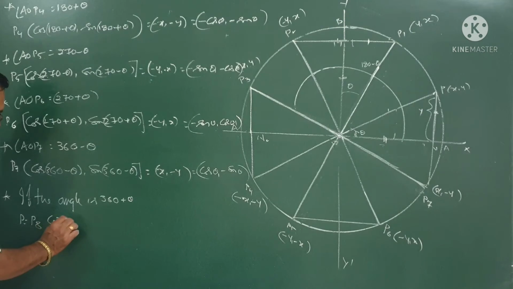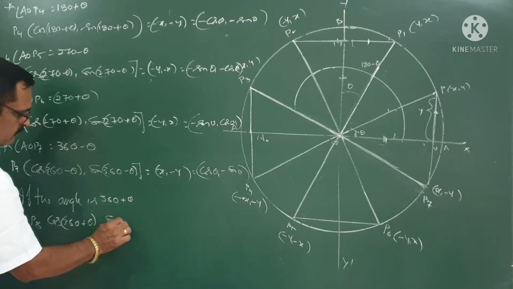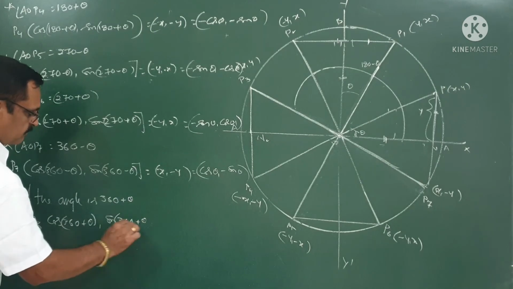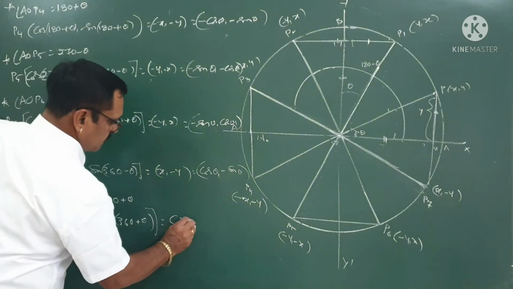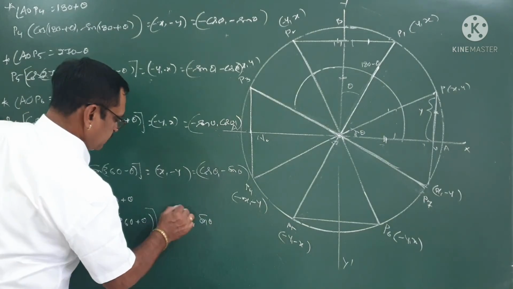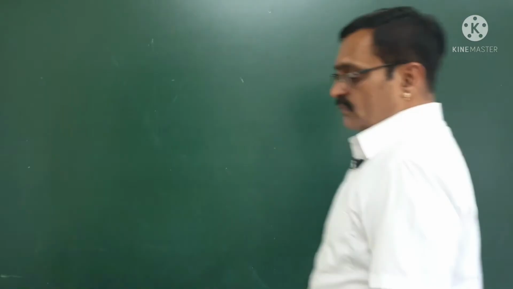I will get cos of 360 plus theta comma sin of 360 plus theta, which will become cos theta comma sin theta. So this is the list.